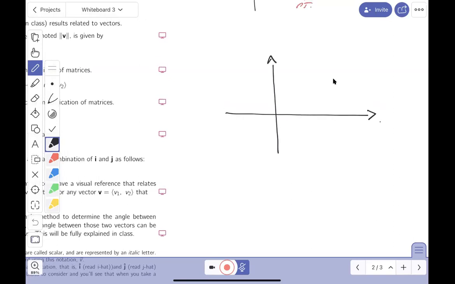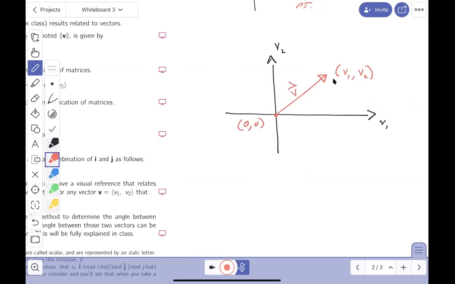I'm going to call them V1, V2. I'm going to put a vector in now. The initial point is (0, 0). The terminal point is an ordered pair of numbers, (V1, V2). This is the vector V.